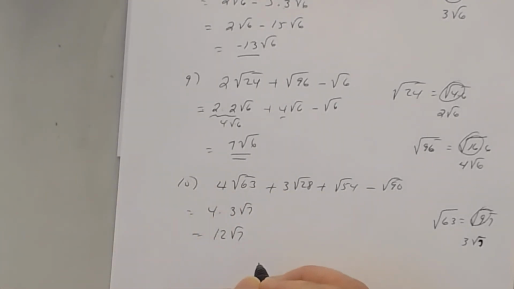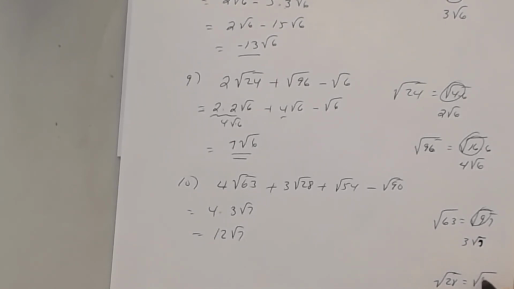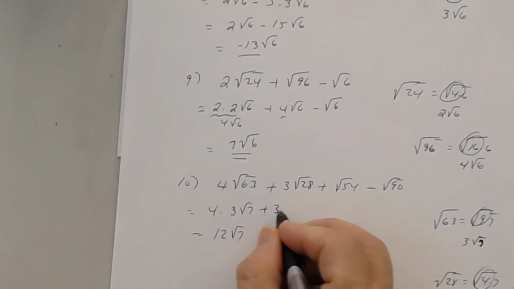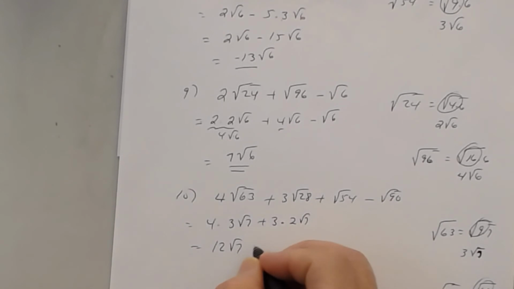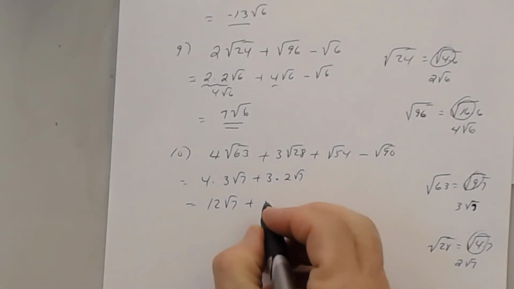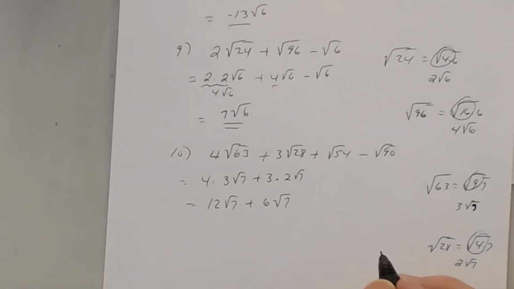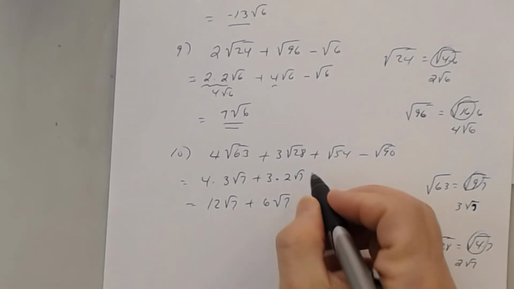Y'all agree? Okay. Let's go to 28. What perfect square goes into 28? 4. So that's 4 times 7. What's the square root of 4? So that's 2 square root of 7. So this is 3 times 2 square root of 7, which is really what? 6 square root of 7. 54, I've already done, it's right here.